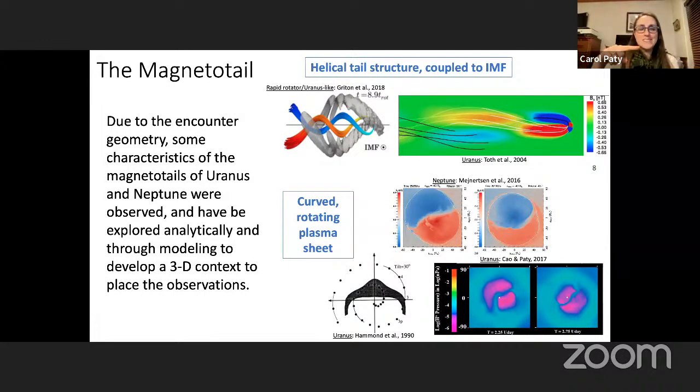So a straight spacecraft trajectory was able to sample all the way around this helical tail because of that spiraling effect. If you put it in the perspective of the spacecraft and let the whole magnetotail rotate around it, it looked like the spacecraft was doing a spiral, but really it's the magnetotail spiraling underneath the spacecraft as it flew away.